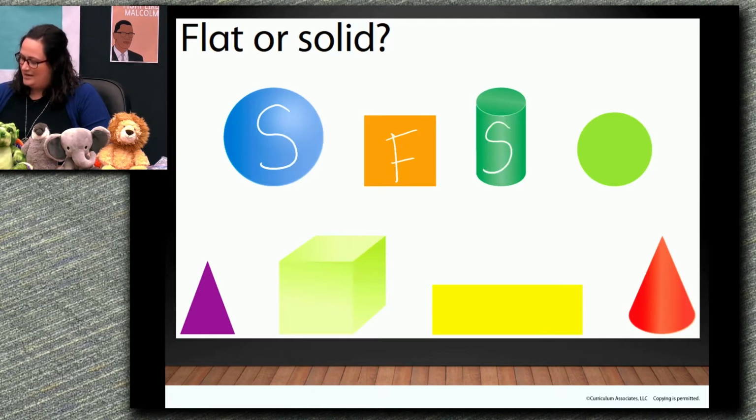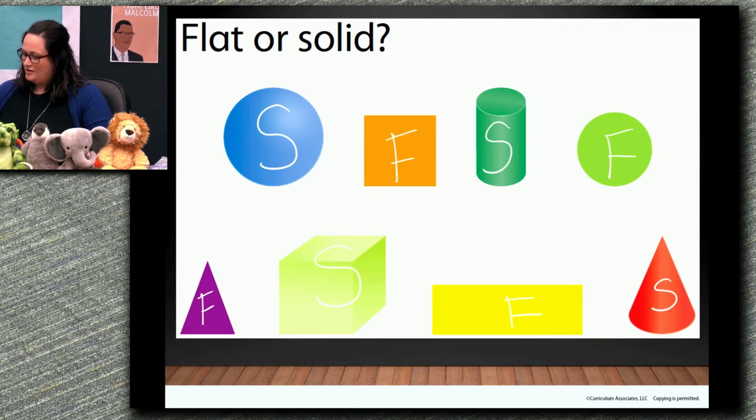Yes, solid. Circle, solid or flat? Flat. Triangle, solid or flat? Flat. Cube, solid or flat? Solid. Rectangle, solid or flat? Flat. And cone, solid or flat?